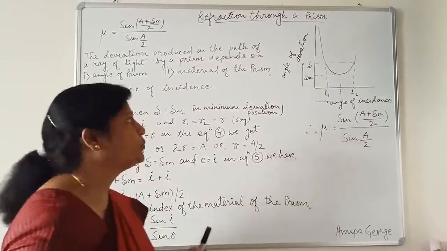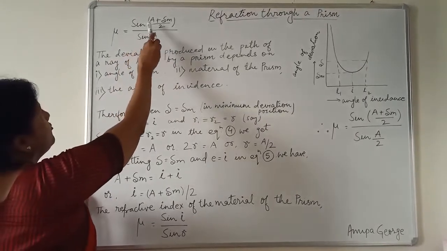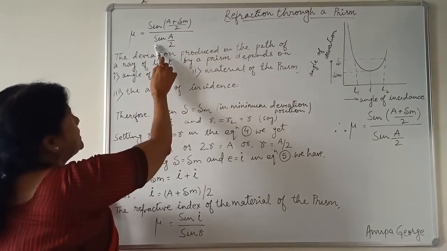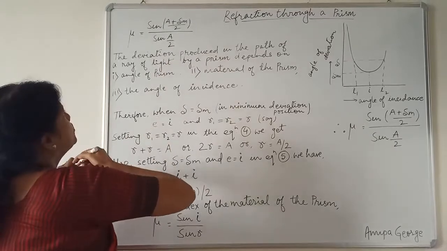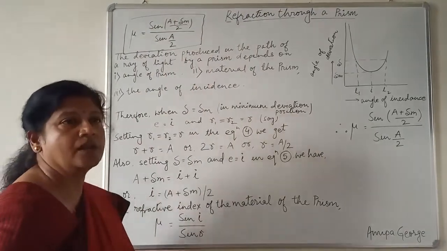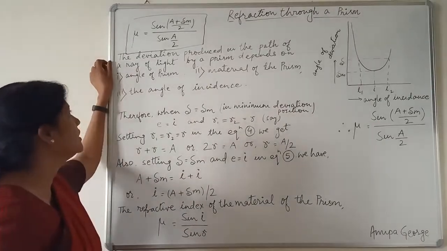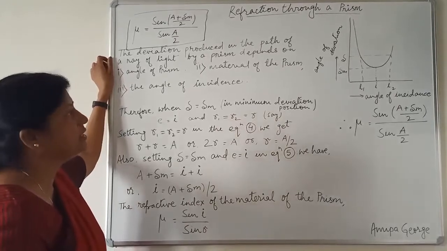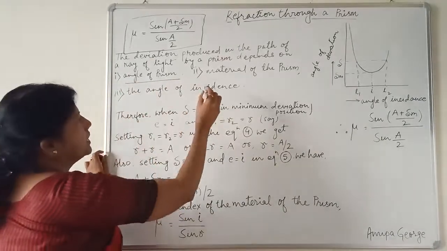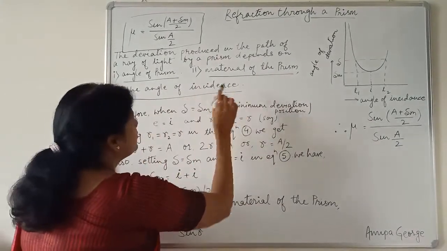Now, to prove that mu is equal to sine of A plus del m upon 2 divided by sine A upon 2, you see, the deviation produced in the path of a ray of light by a prism depends on, number 1, the angle of prism, second, the material of the prism, third, the angle of incidence.